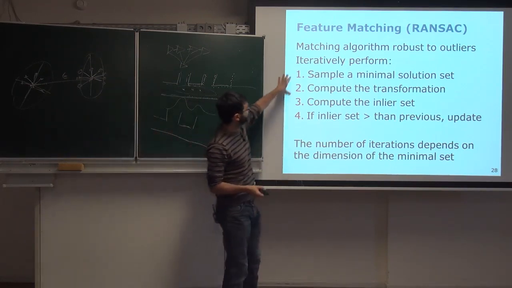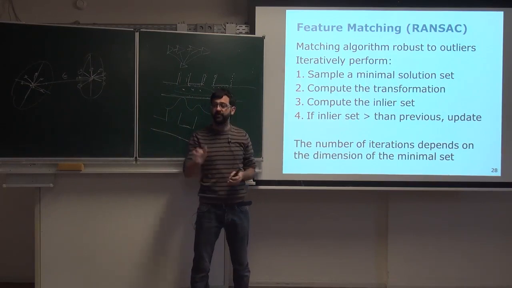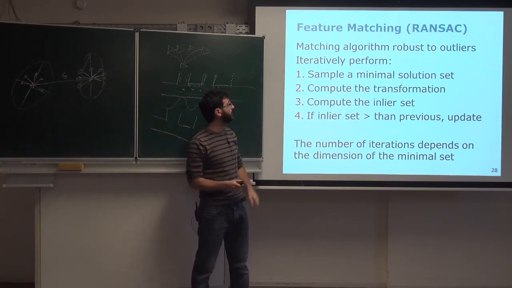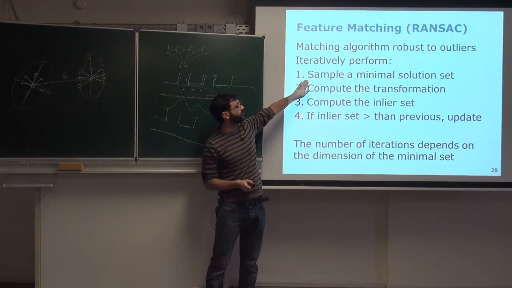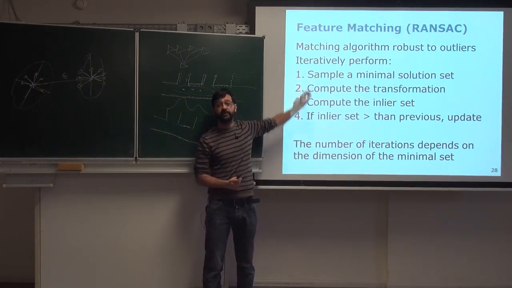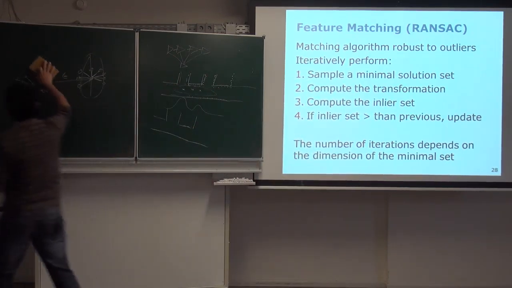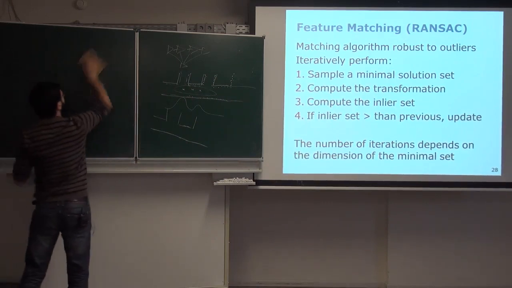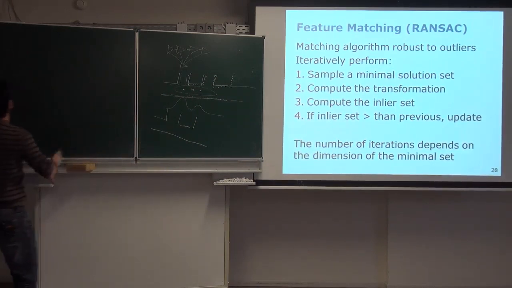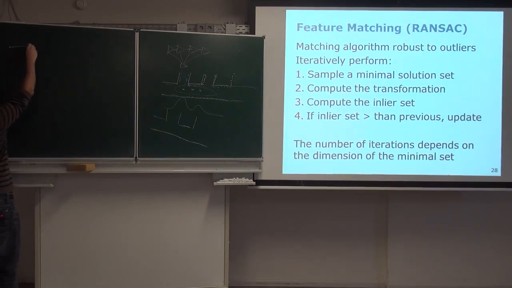There are 4 steps, and I'm trying to explain it, and just stop me if you don't get what I'm saying. The first thing is that you have to sample a minimal solution set. Okay, so the idea is this. I have a set of pairwise correspondences, okay?